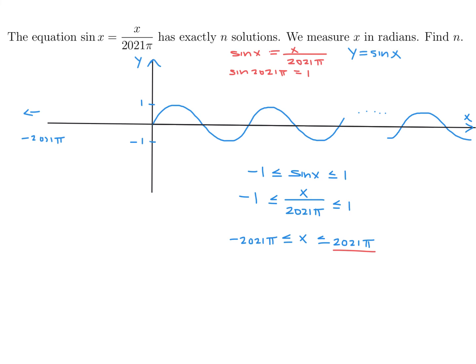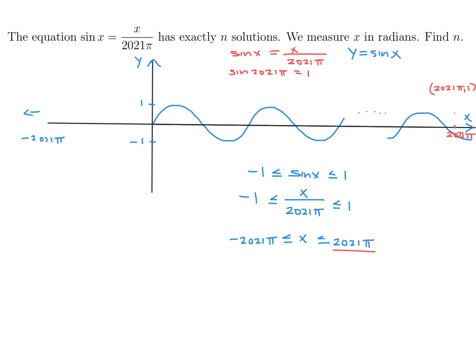I'm not sure, to be honest, where it'll be, but since it's 1, it'll be the maximum. So let's just say it's somewhere here. That red dot represents the point 2021 pi, with the y coordinate of 1. Okay. So now we have to figure out what happens in between.